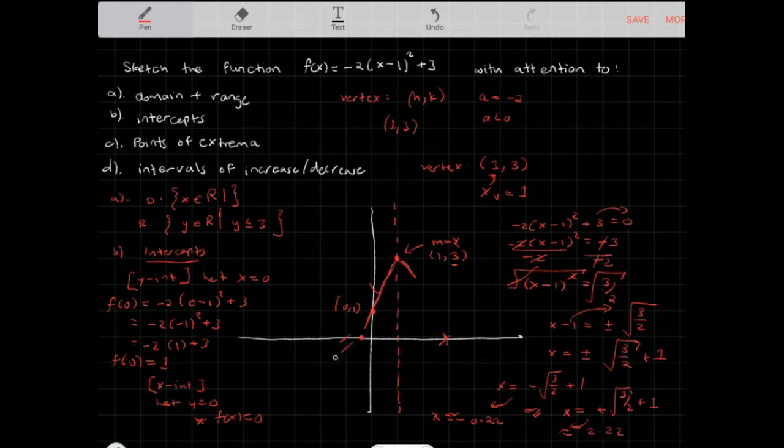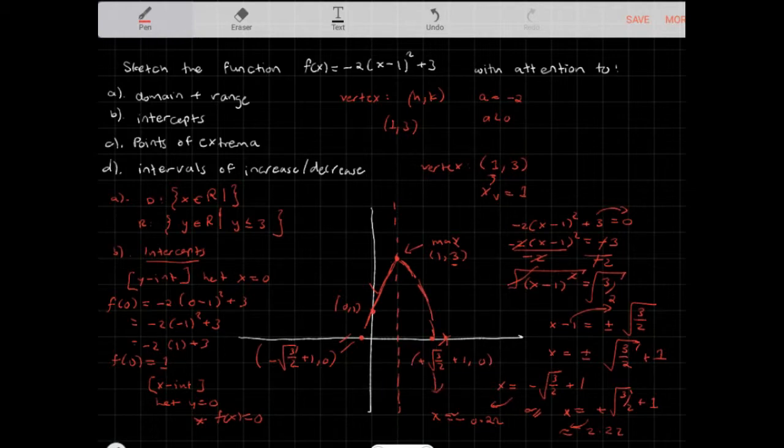So this tells us the points are negative square root of 3 over 2 plus 1 and 0. Those are the coordinates. And then this other point is going to be about here: positive square root of 3 over 2 plus 1 and 0.